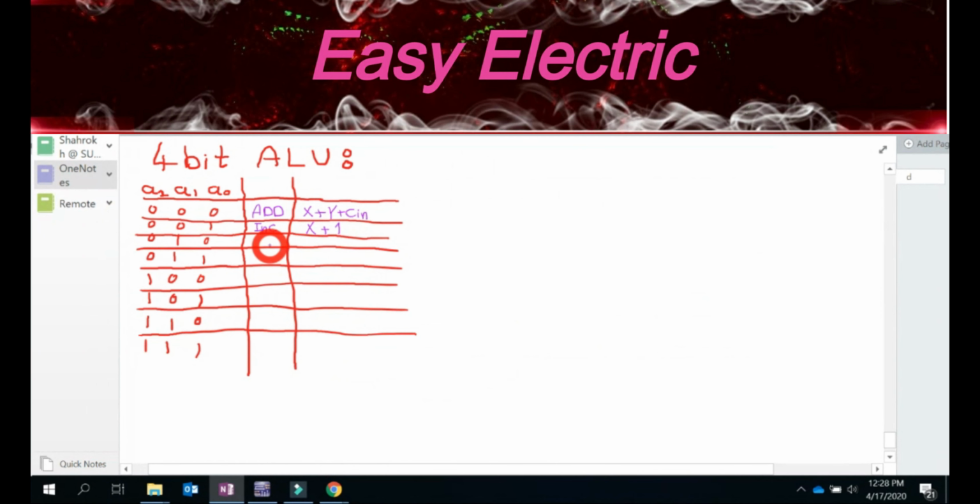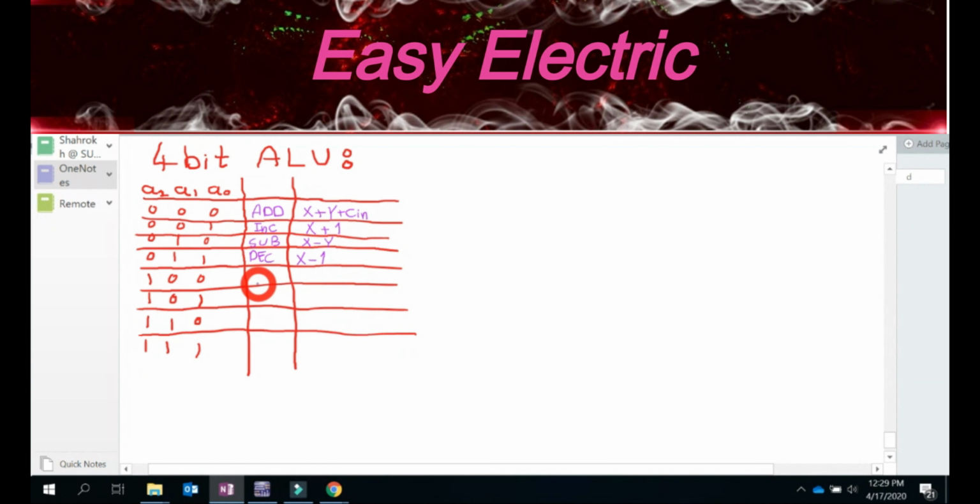The next should be subtraction, which means x minus y as the output. And the next should be decrement, which is x minus 1. We already talked about this. So we are done with the arithmetic unit. These are the 4 main jobs of the arithmetic.